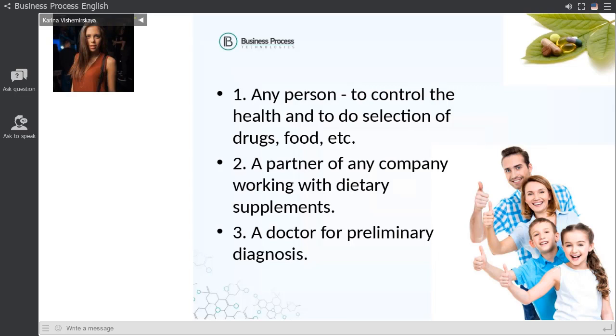And the doctors can use Life Expert mode for preliminary diagnosis to see what's going on with the person's body, then to know which analysis they want the person to do according to the results of the test.